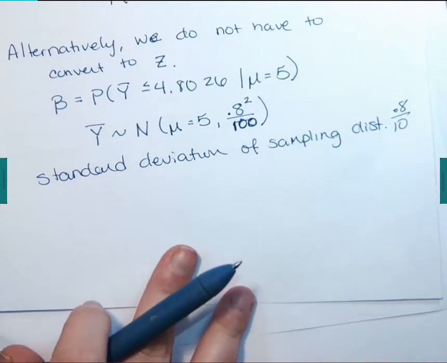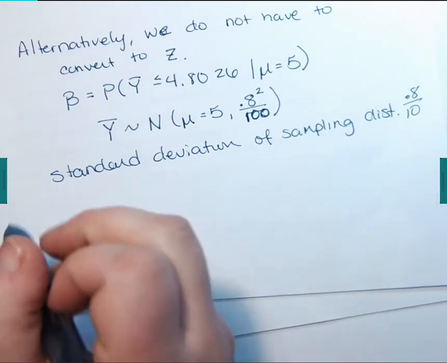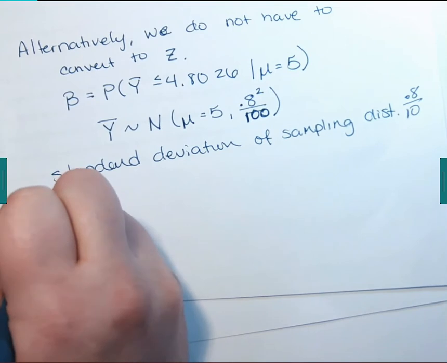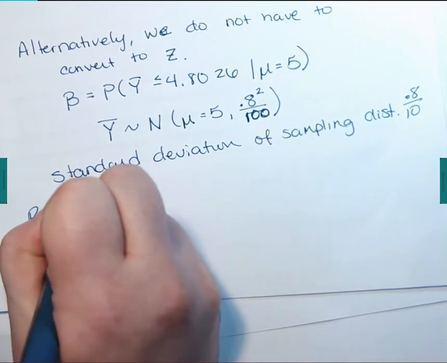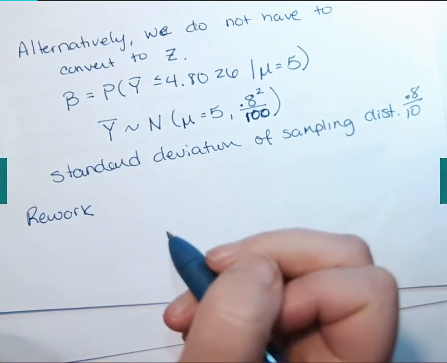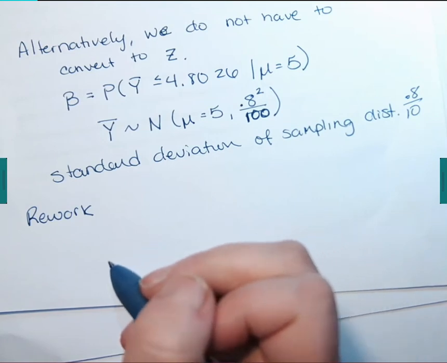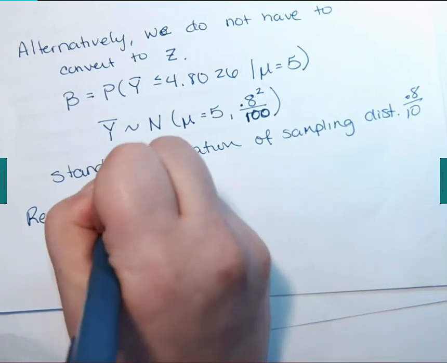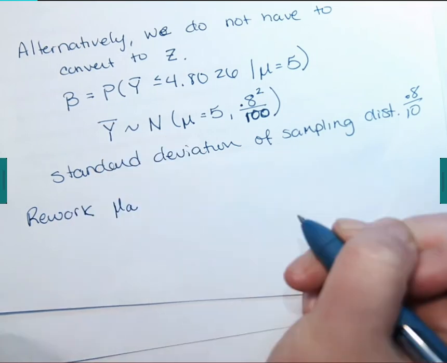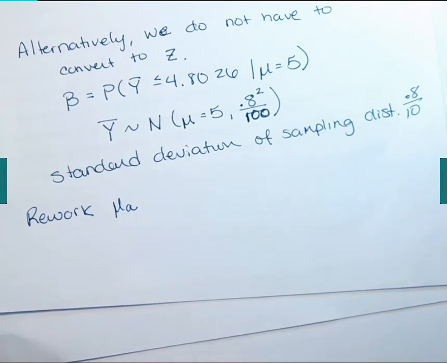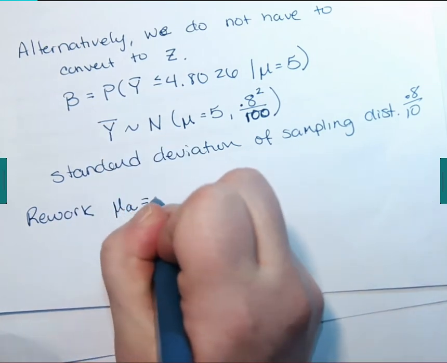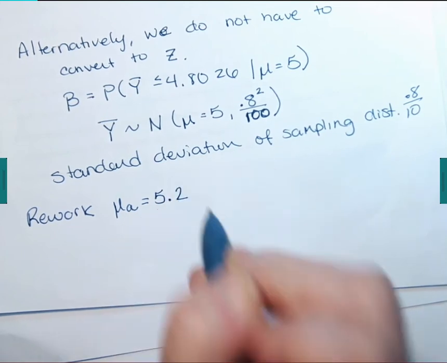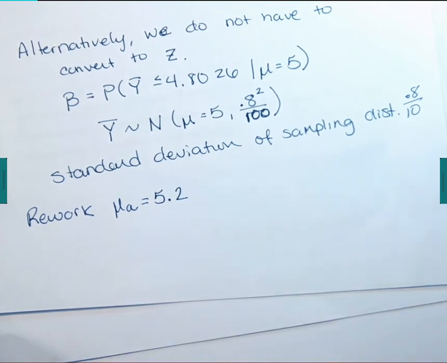So for this section's quiz or assignment, whatever you want to call it, I want you to rework this problem. But this time, under the alternative hypothesis, I want you to move further into the alternative hypothesis, to 5.2.